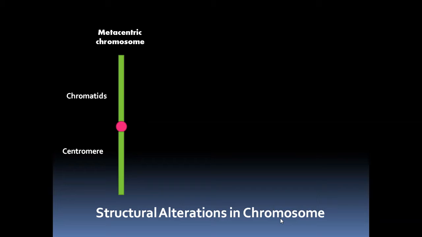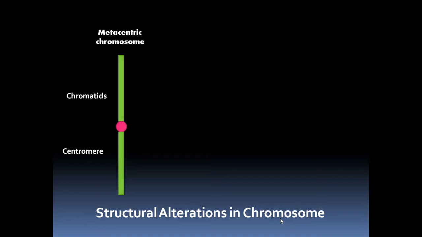While on the other hand, if the centromere is lying towards either of the two ends, then we call it submetacentric chromosomes. Similarly, telocentric if the centromere is at the telomeric end, that is at the ends, and acrocentric if the centromere is lacking.